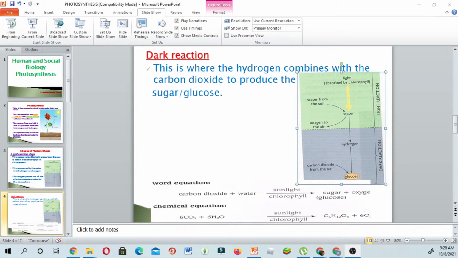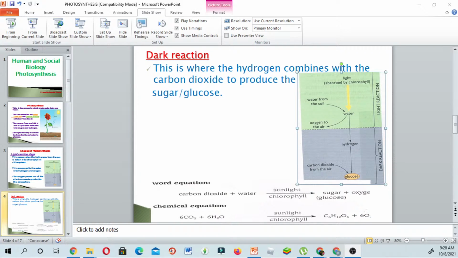What does the sun give plants? The energy from the sunlight splits water into hydrogen and oxygen. That is the benefit of the sunlight in relation to plants. So in order for plants to make their own food, they have to get hydrogen, and the hydrogen is in the water that they absorb from the soil.